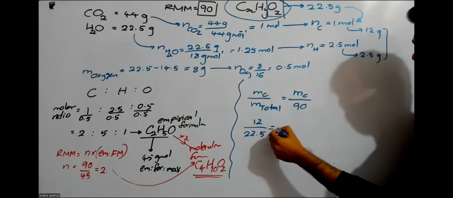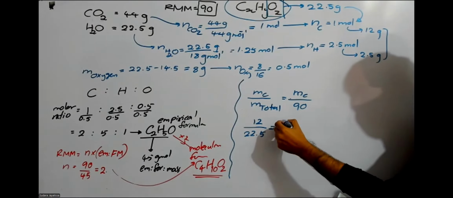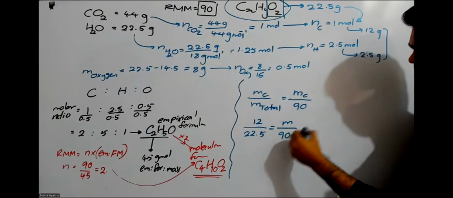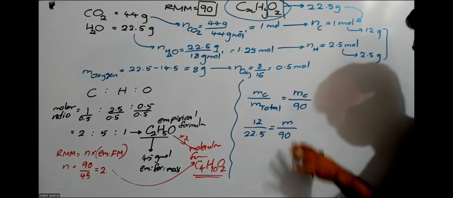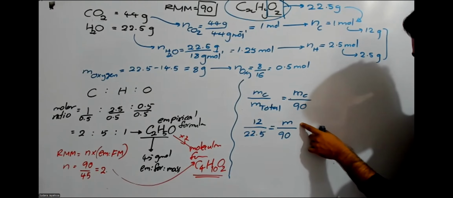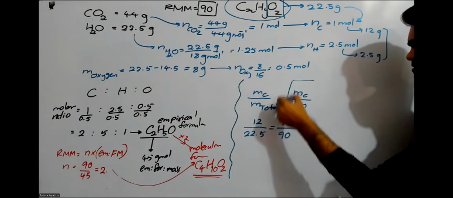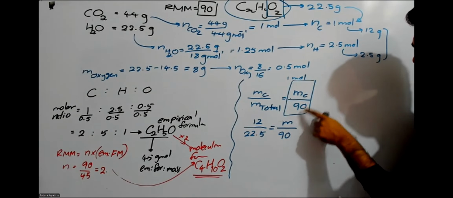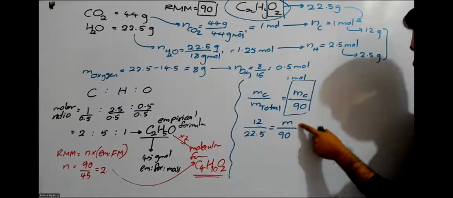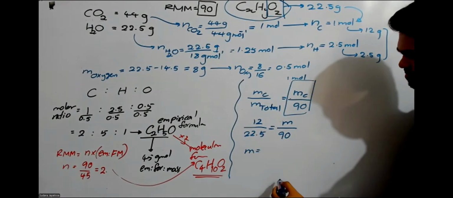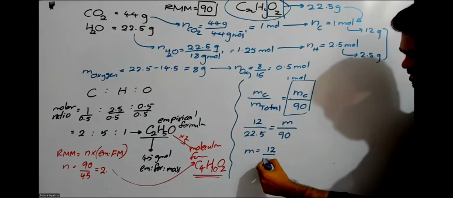Then the mass of carbon in the total compound is what we don't know, and we know the relative molecular mass is 90. Simplify this, then you will get the mass of carbon in the whole compound, in 1 mole. So this box is written for 1 mole. So the mass of carbon in 1 mole, M, equals 12 over 22.5 into 90.